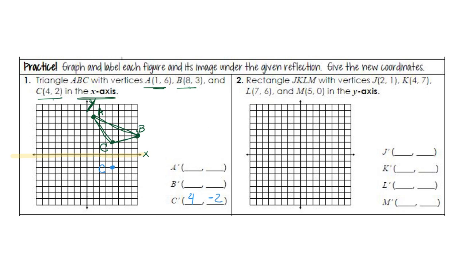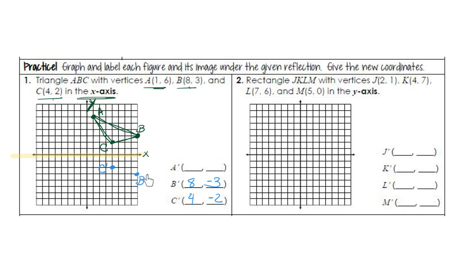Let's see, I have B here. B is all the way over at 8 and up 3, but the new B is going to be over 8, now down 3. So 8 is going to be fine, but this is going to be negative 3. Think of that little apostrophe as first copy.